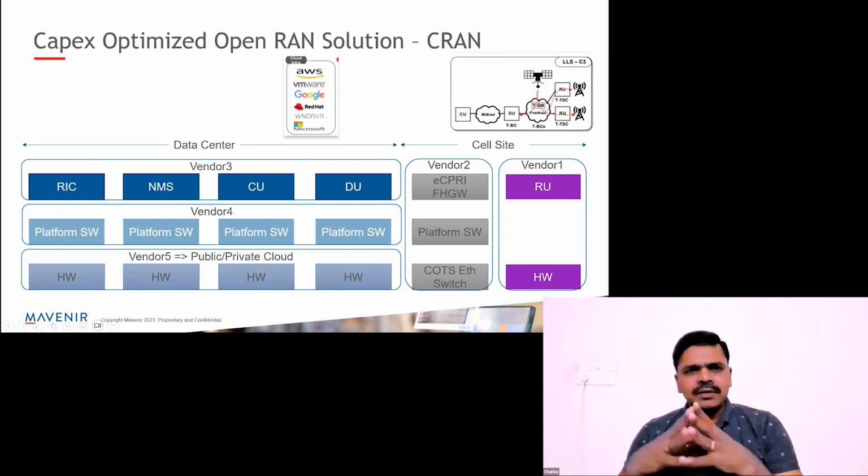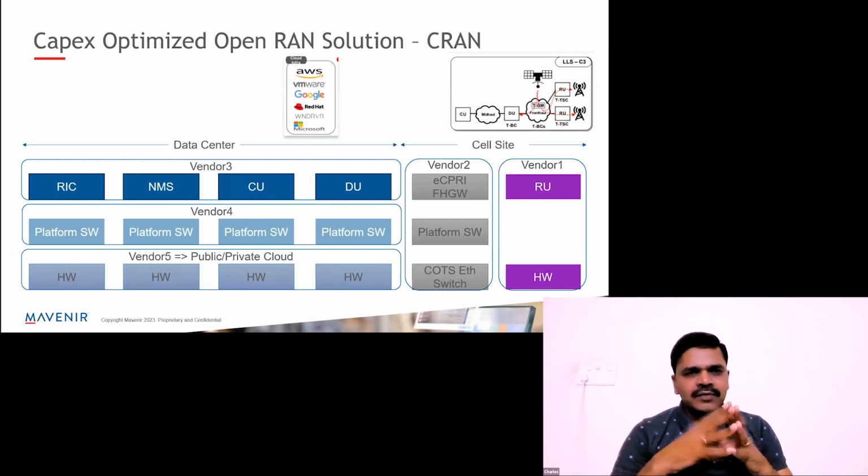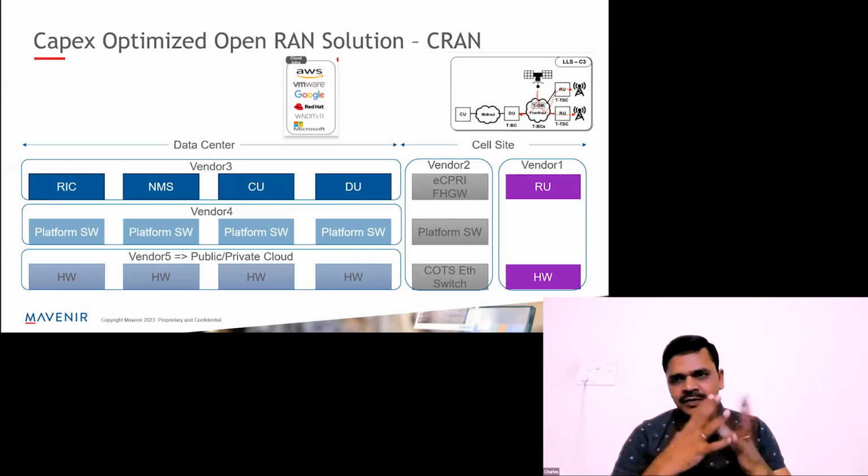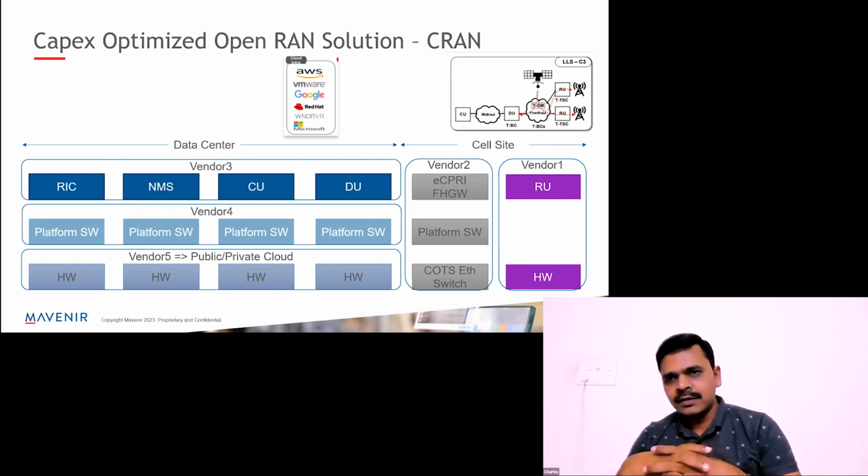The next step was mainly about how, from virtualization, I go to Capex optimization. There are multiple ways of optimizing the Capex. One is to choose a vendor who is friendly to you and whom you have already worked with in terms of the server hardware, so you can negotiate better and get a better deal on the hardware cost.